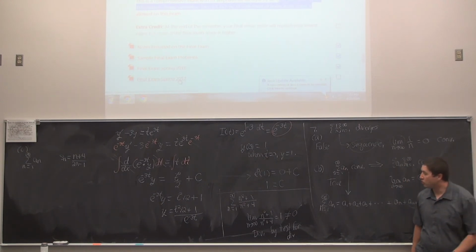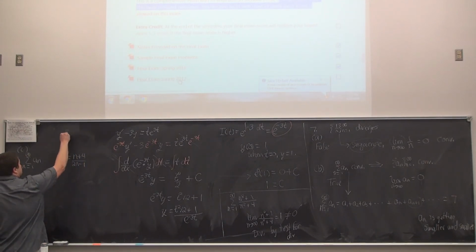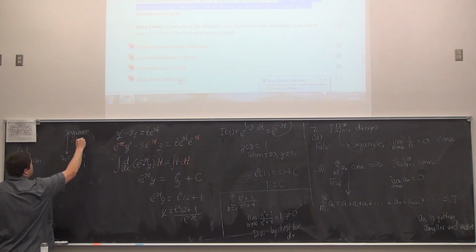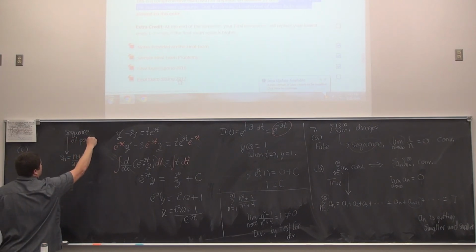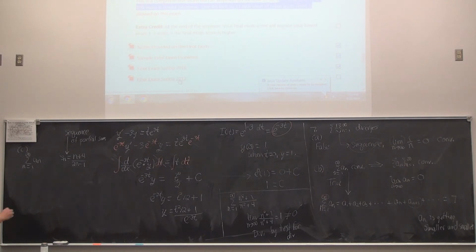But what's different in this problem is we were told that this is not A sub n. This is the sequence of partial sums. And we're told the sequence of partial sums, not the A sub n sequence over here, is what converged to 1/2.